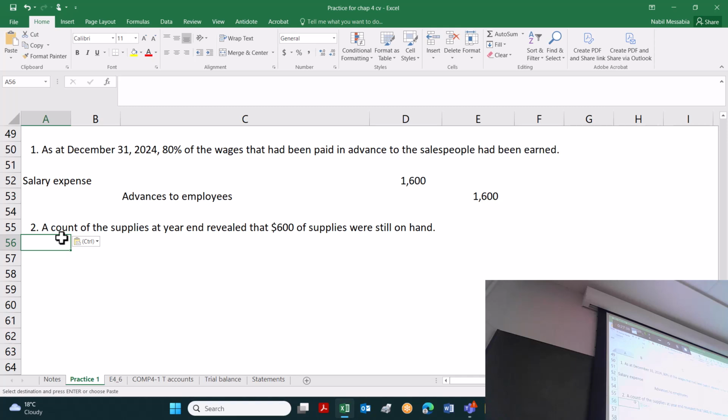The difference is the supplies, those paper sheets that were used for printing, those staples that were used, those supplies that were consumed, right? So if we have made a total of $3,000 of supplies, and at the closing day we find that we only have 600 on hand, it means that there is $2,400 of supplies that were consumed during the period.